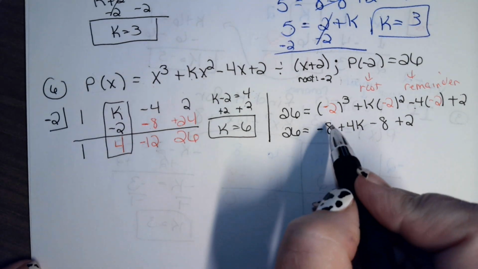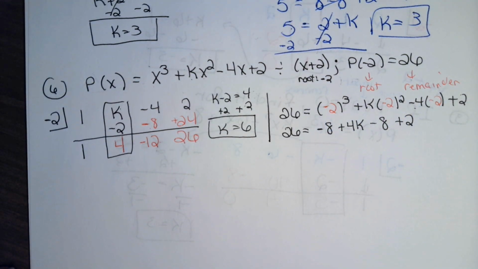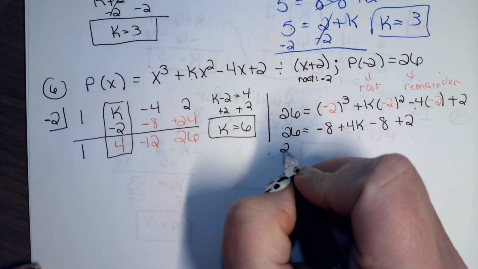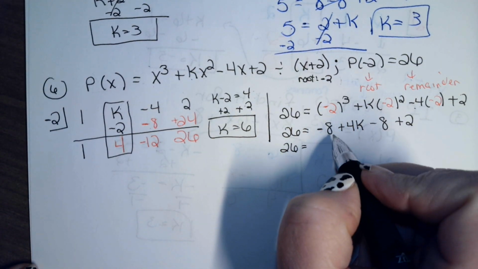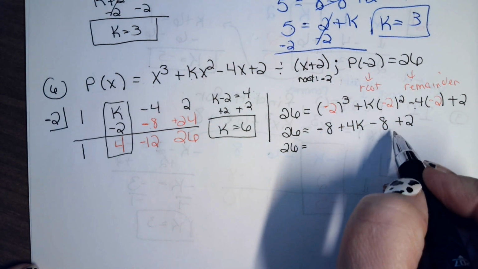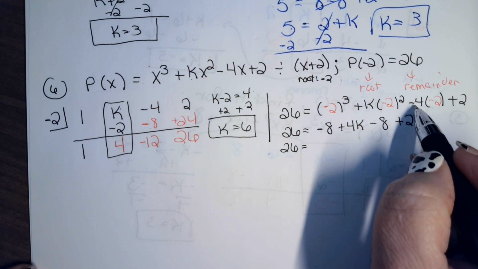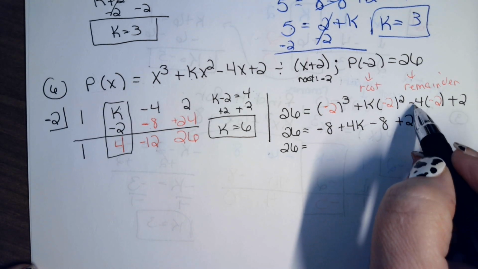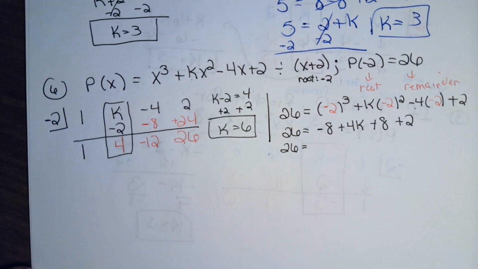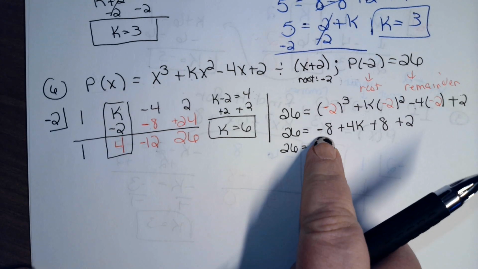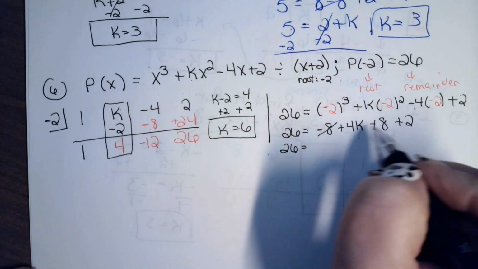Now, obviously, you can use Desmos, but I'm just going to work it out by hand. This is where somebody in class, if I was doing this in class, would say, Miss CP, negative times negative is a positive. Negative 8 plus 8, they cancel each other out.